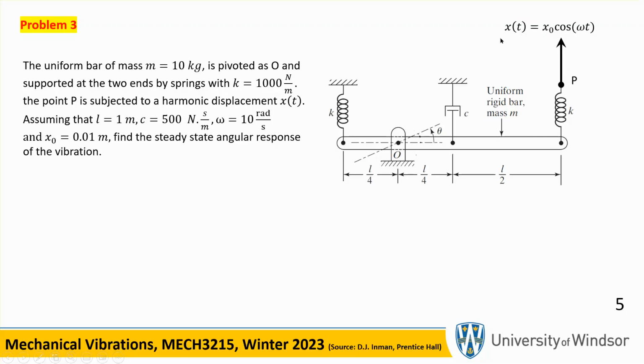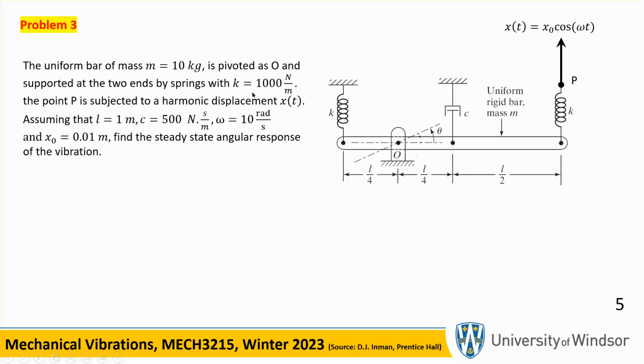So the harmonic displacement is applied to that point P. Similar to the case that we have with base excitation here, except that it's not base excitation, it's just that we excite that point P with that kind of a displacement.